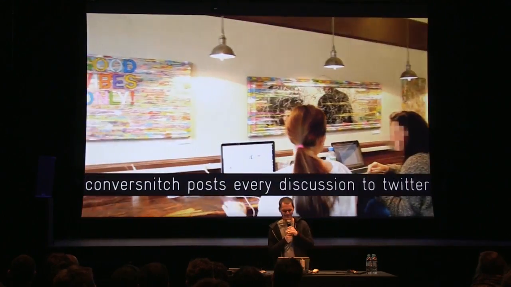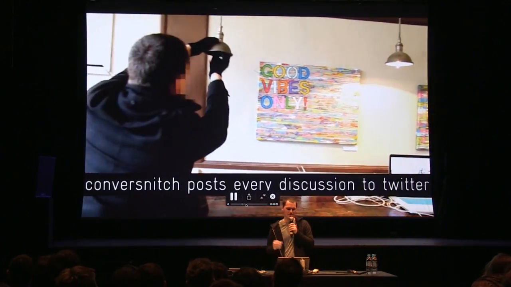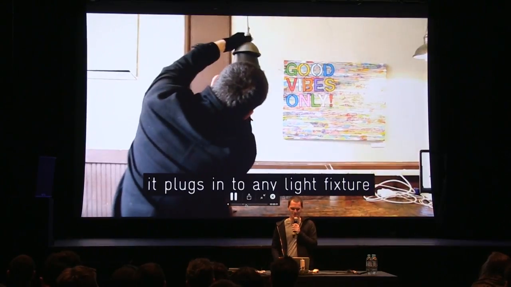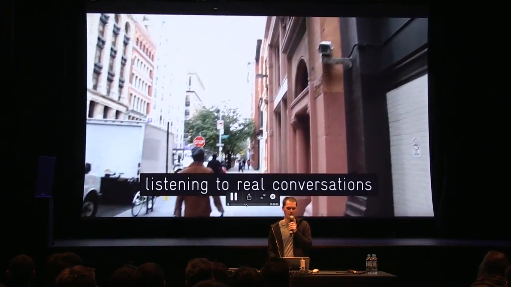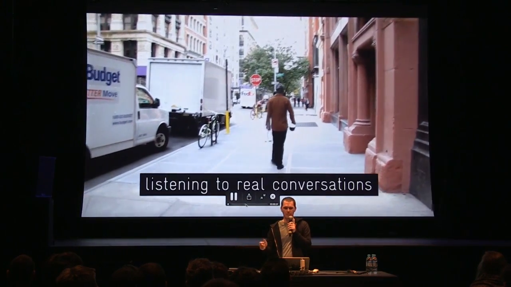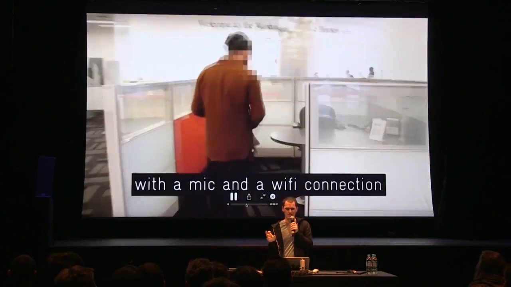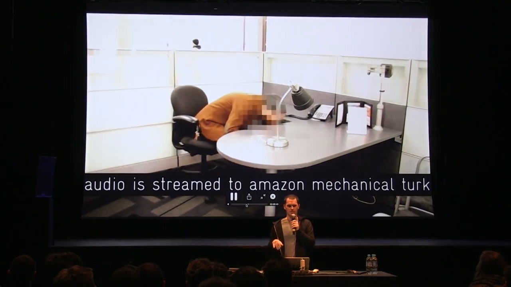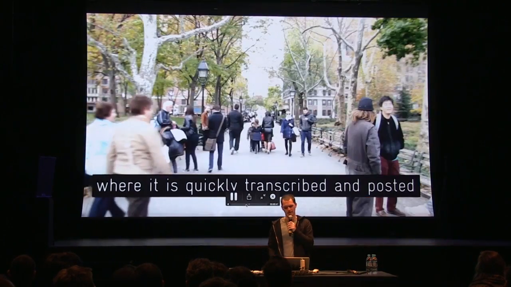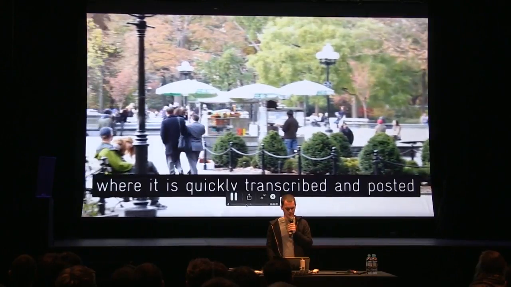It looks like a lamp in some places. Other places it looks really out of place. But basically it records the conversations and then posts them to this website called Mechanical Turk, where a human gets paid some small amount of money, maybe 25 cents, to take a 10-second recording and say, this is what I heard. This is what someone was saying in that recording. And then we post directly to Twitter from Mechanical Turk.